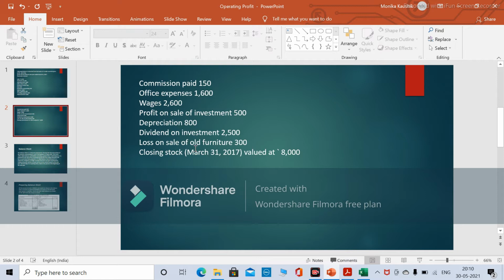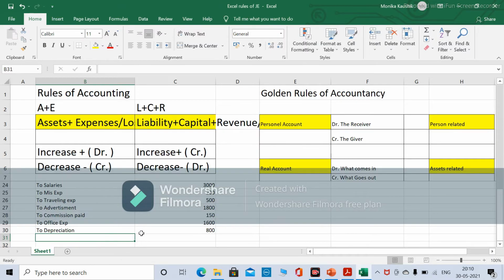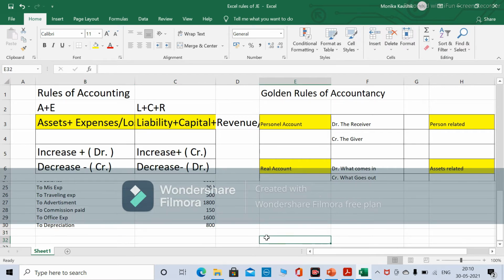Loss on sale of old furniture is also non-operating, not of recurring nature, right? So that's it. Now we'll have to calculate the operating profit.